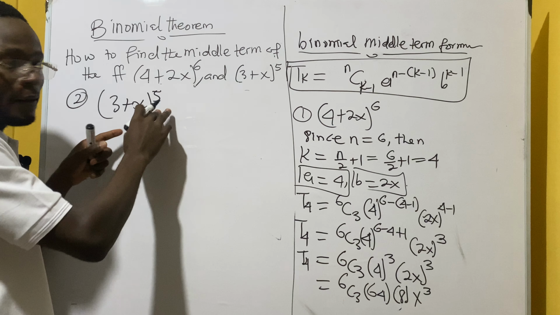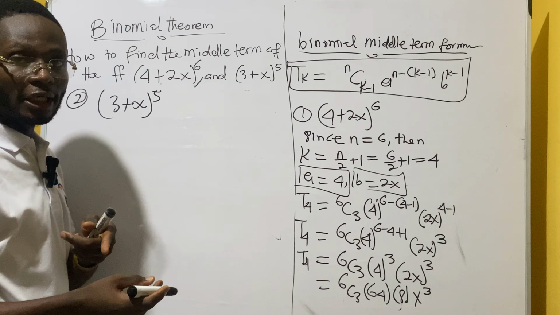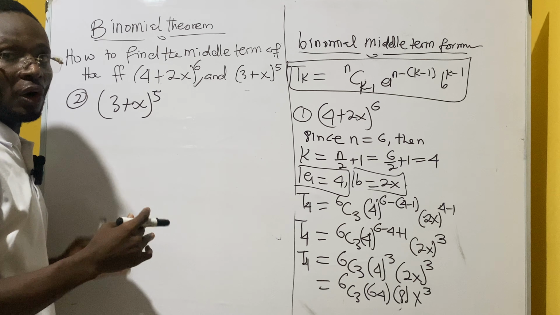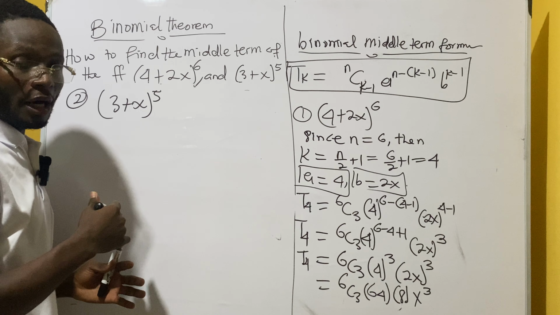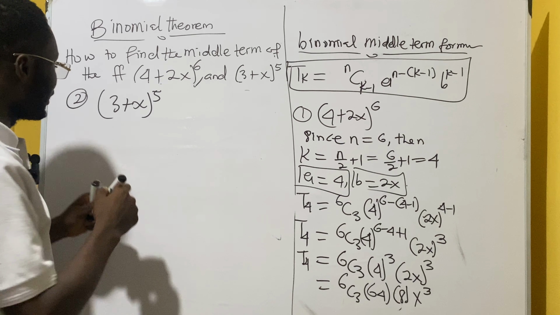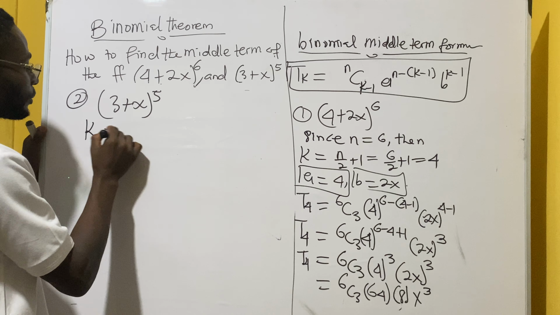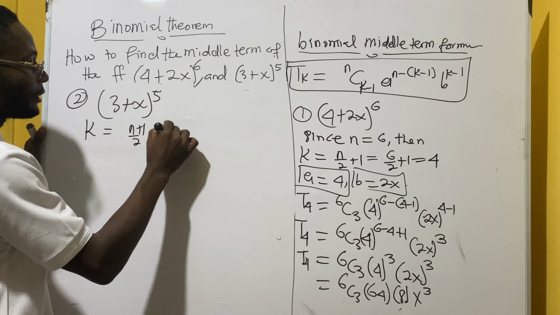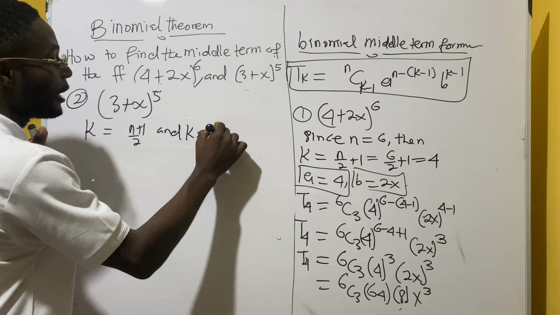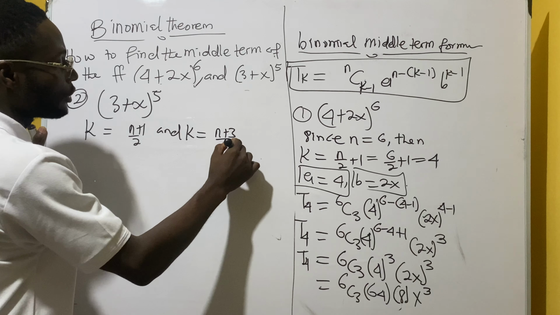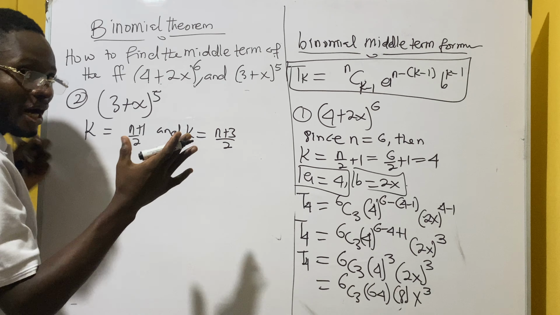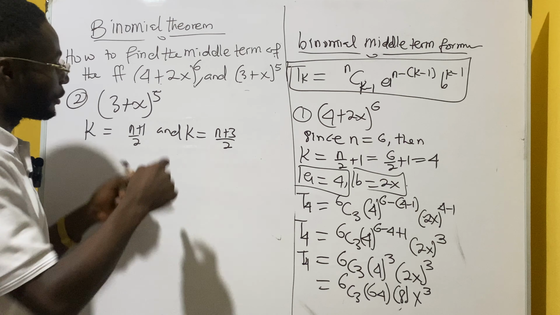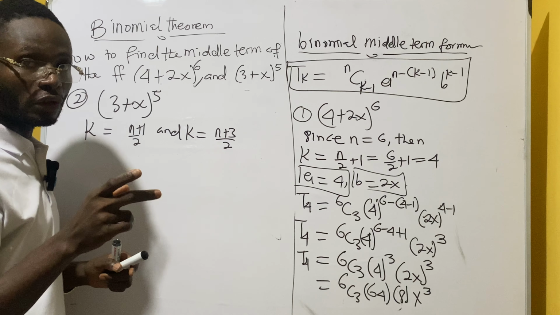Right here, we know that 5 is an odd number, so we use the alternative formula, k equals n plus 1 over 2, and k equals n plus 3 over 2. This tells us that we have two middle terms because the exponent is an odd number.